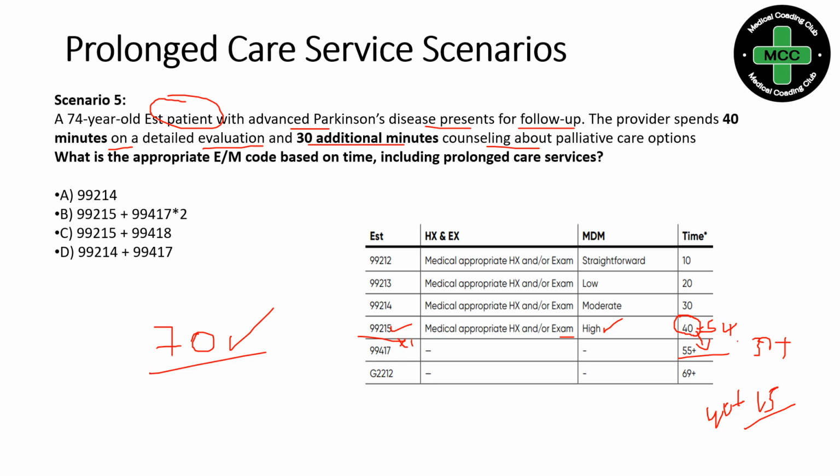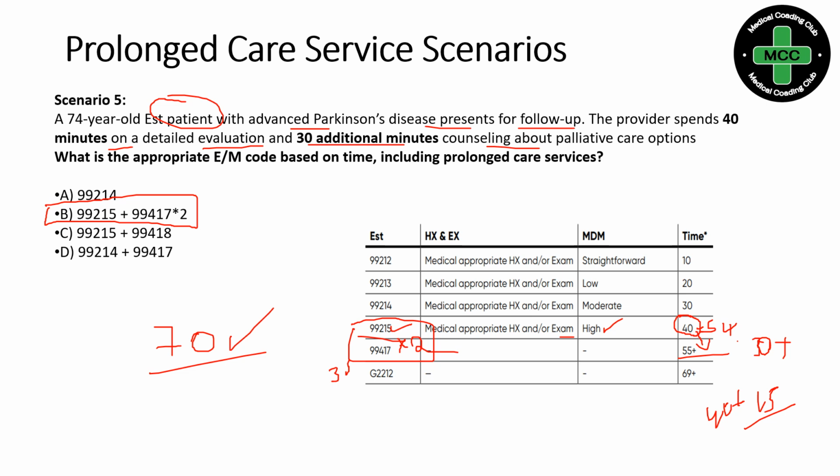But we have additional 30 minutes. That means we have to give units 2. Okay, 99215 will carry 40 minutes. 99417 with the units 2 will give you 30 minutes. So totally this is how we have to code. So the answer should be answer B, 99215 and 99417 with the units 2.